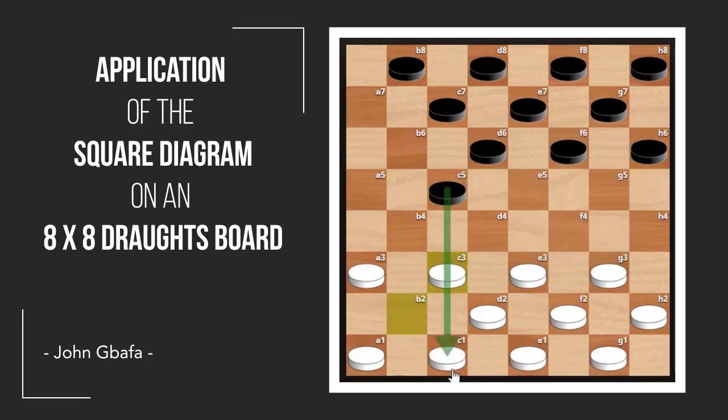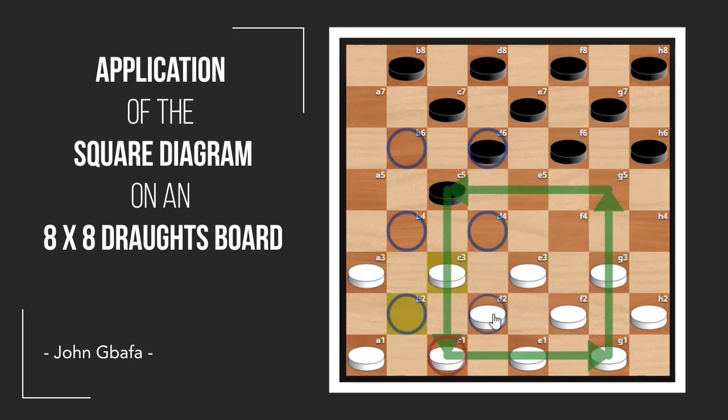If you draw the square from the last move of my opponent's piece at c5, we see that the vertex at c5 is surrounded by key squares. We have b6, d6, d4, b4, and the square here has b2 and then d2.